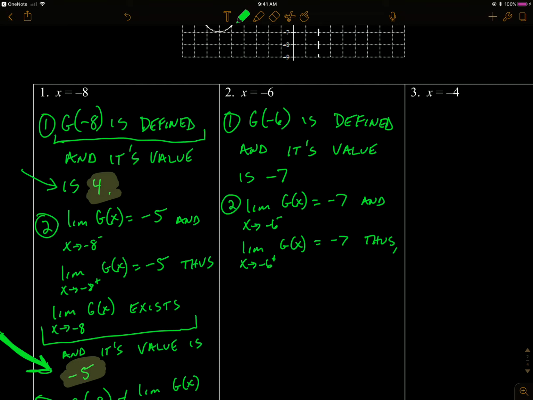So the limit as x approaches -6 of g of x exists, and its value is -7.